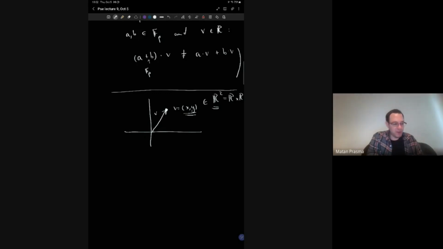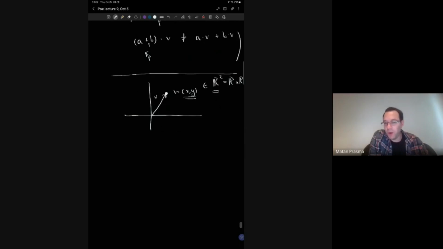Maybe a less trivial example, because we want to do a bit more abstract stuff. Take the field with two elements, so I take F to be F_2, and consider the power set.